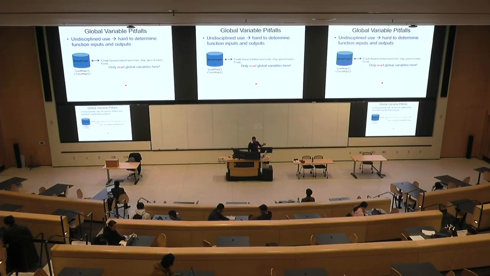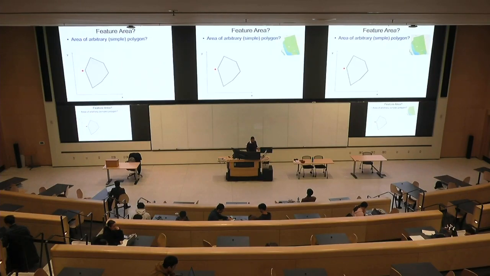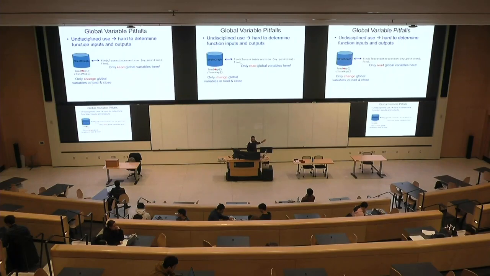So we only read global variables inside the function, and we only change the global variable inside load map and also close map, because in close map we are basically deleting that data structure. So before I go on, any questions so far? I hope this gives you an idea of how to tackle some of these functions in M1.